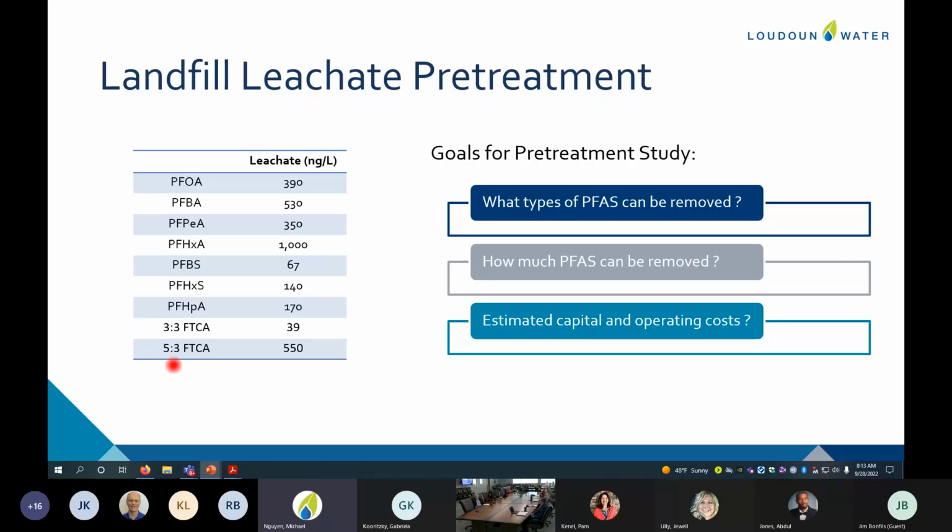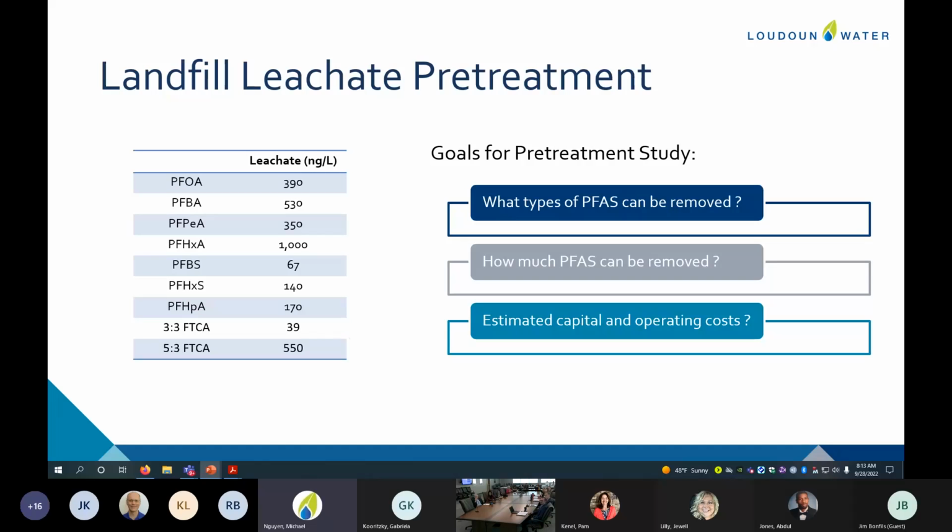What we're also finding is there seems to be a pretty common signature to the chemicals specific to landfill leachate. We've been looking at the constituents that we see in Broad Run and comparing them to some other wastewater treatment plants. Then we see some unique forms of PFAS, particularly these acids at the bottom, that have really a landfill signature on them.